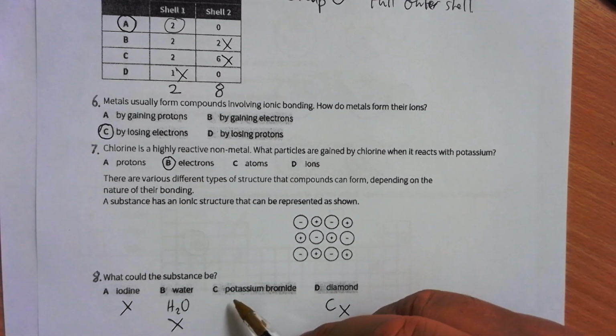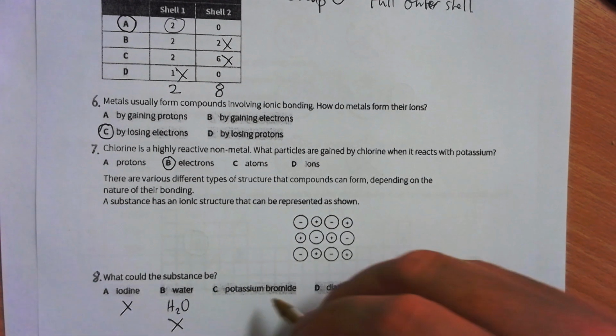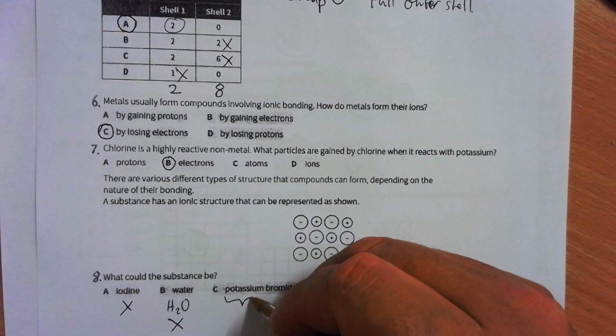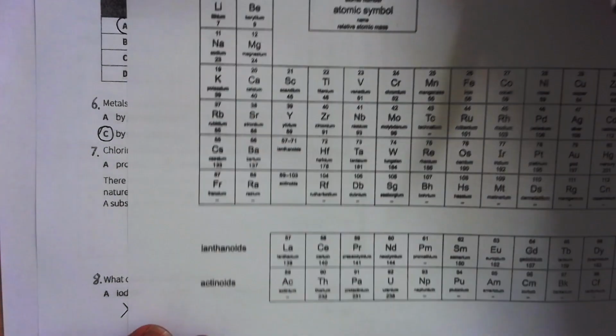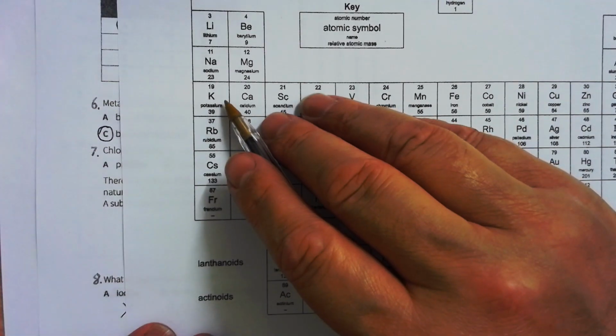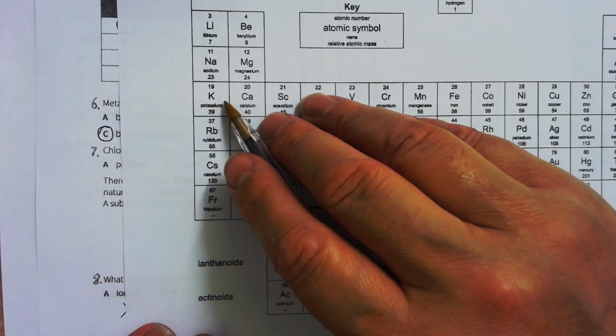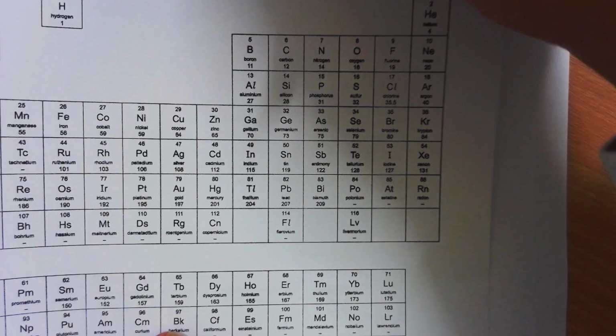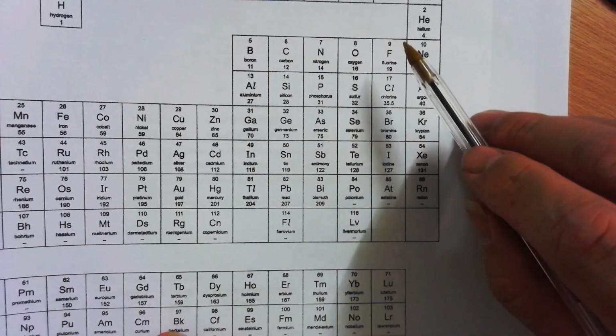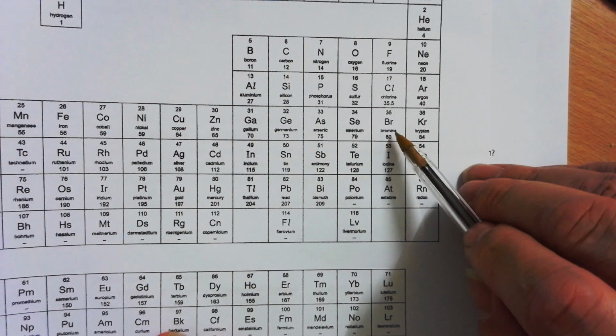Remember what we talked about briefly about ionic substances and naming them. So you have the metal here. If you want to look it up and be sure it's a metal, potassium is here on the left hand side. It is an alkali metal. You know it's a metal because it's on the left hand side of the periodic table, so that's a metal. And the other one is bromide, which means it's a bromine atom. So it's a halogen.